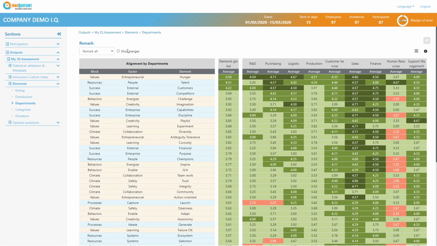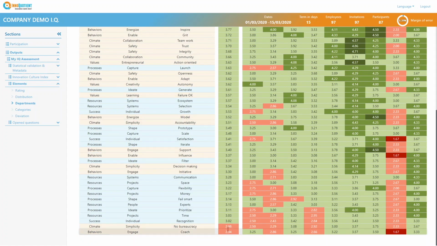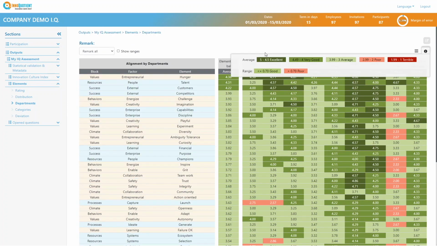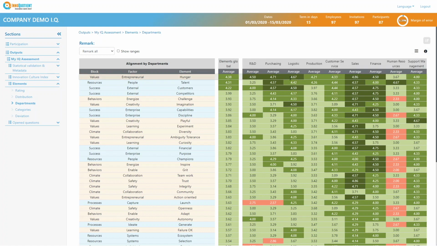Let's start with the alignment concept. We can see that the table shows in the first place the elements ordered by their global valuation from higher to lower. Each index has a color as detailed in the information box you already know. In the right columns, we show the index obtained by the same elements for each department.